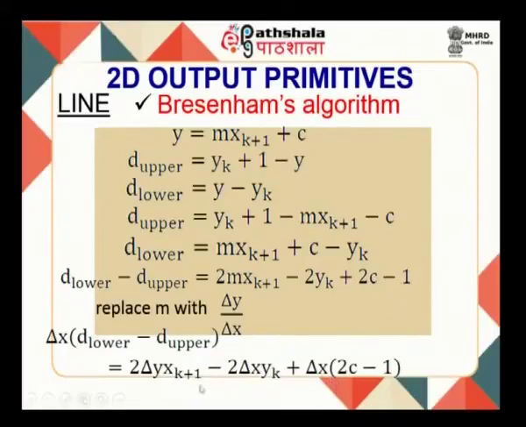So, this term is what you should remember, and Bresenham has actually replaced this term, d lower minus d upper into delta x, as the decision parameter pk.